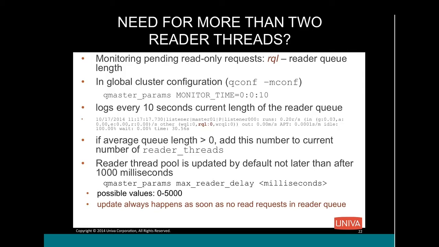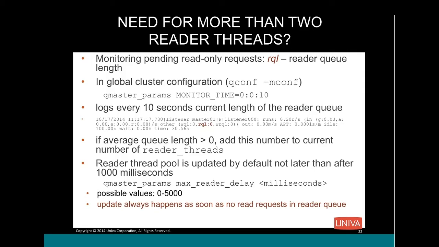It is highlighted here in red, so RQL is 0 in this cluster, which is what we would expect. And if that number continues to stay consistently high, say obviously greater than 0, maybe 1 or 2, then you can add additional read-only threads up to that number. So if it was 2, you could add 2 more.